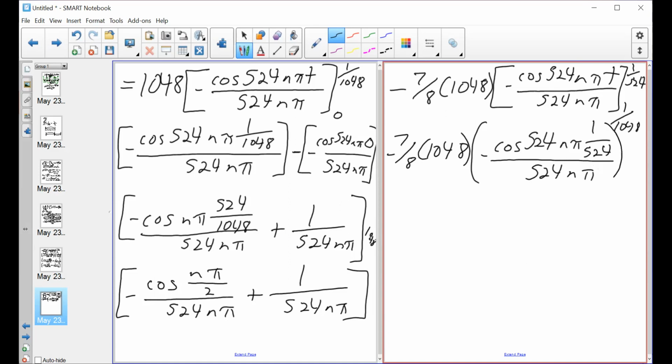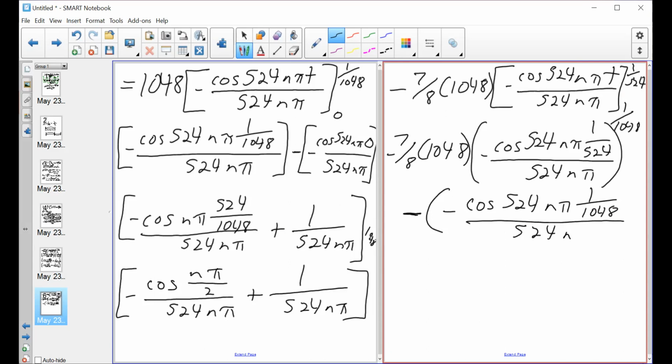And I'll give you a similar function, all the same pattern. Okay, so this is then that. Again, final minus, it's the big guy out here. And then, of course, the cosine function itself has a negative. Cosine 524 n pi in the initial, 1 over 1048, divided by 524 n pi. A lot of stuff going on there, but just stay focused.